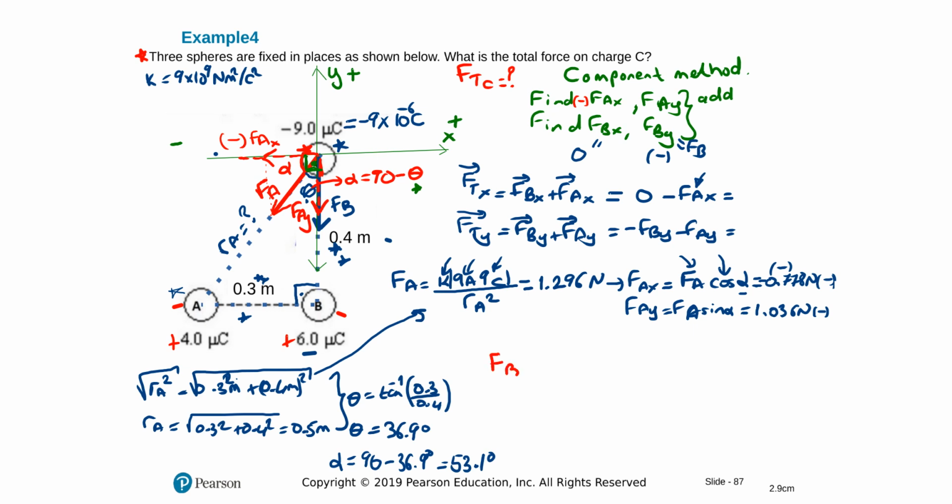FB is equal to K, charge B, charge C, divided by RB squared.